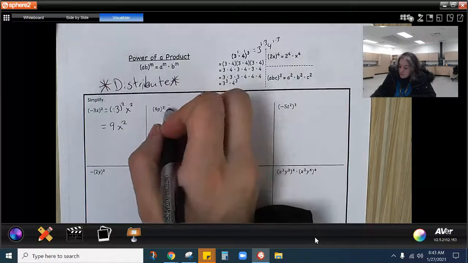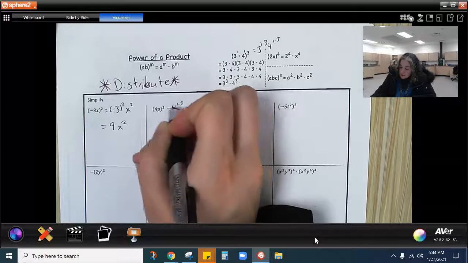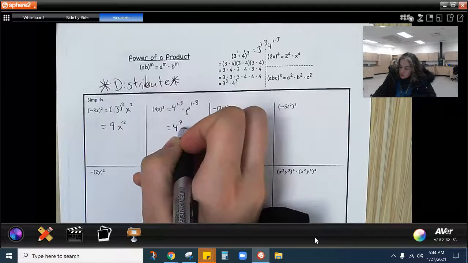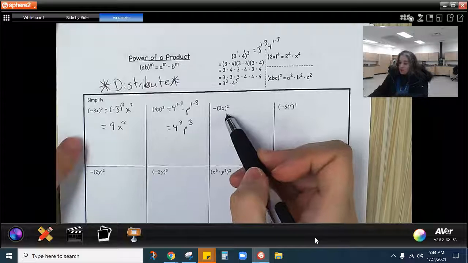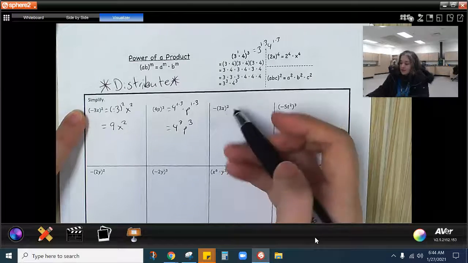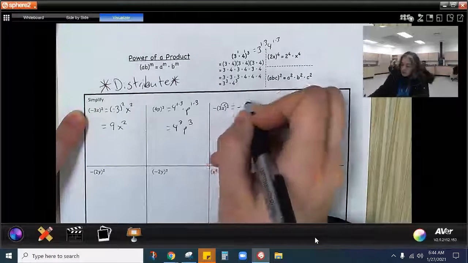So let's try it with our 4 here. We really have 4 to the 1 times 3 times p to the 1 times 3. So this is really 4 cubed, p cubed. Now with this one, you'll notice it's very similar to our first one, but instead of having the negative inside, it's actually on the outside. So this would be a negative, and I'm going to distribute that 2 there.